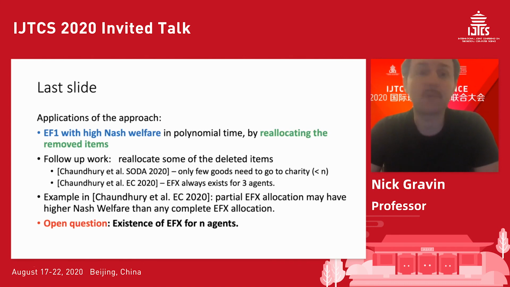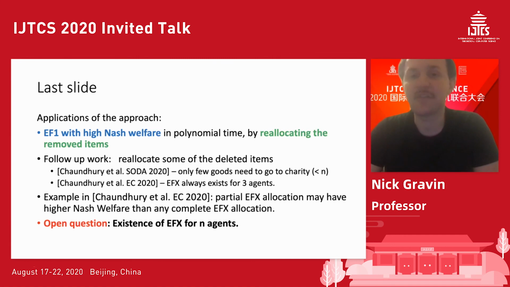So there are quite a few applications of this approach. First of all, the result for the EFX allocation allowed us to get quite an easy result for EF1, the existence of an EF1 allocation with high Nash welfare in polynomial time, by just reallocating removed items in our algorithm.